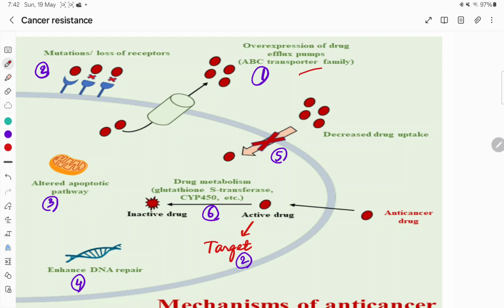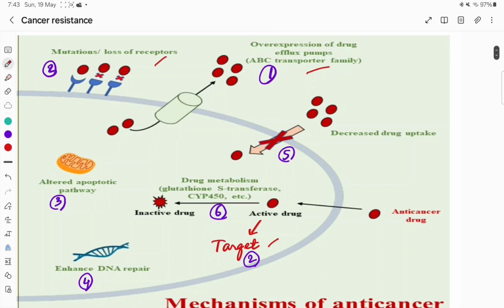There can be mutations in the drug target, alterations in the drug target. There can be loss of receptors. Number 3, there can be an altered apoptotic pathway.